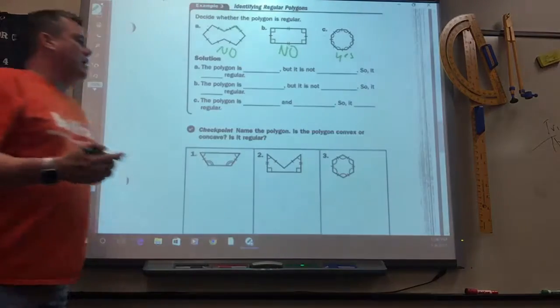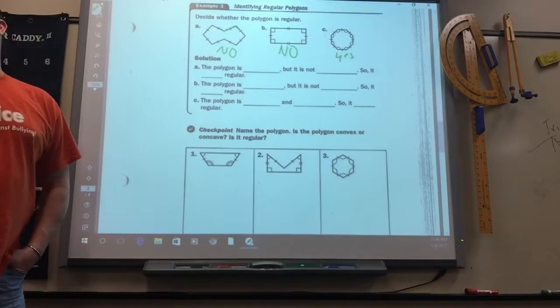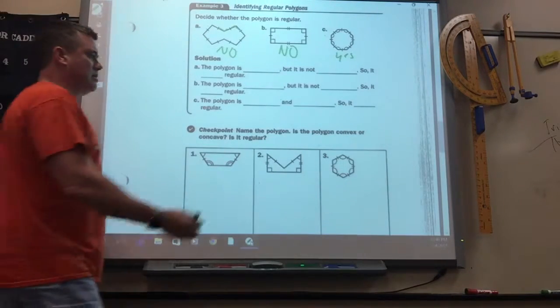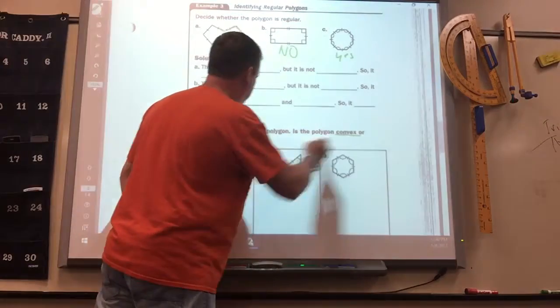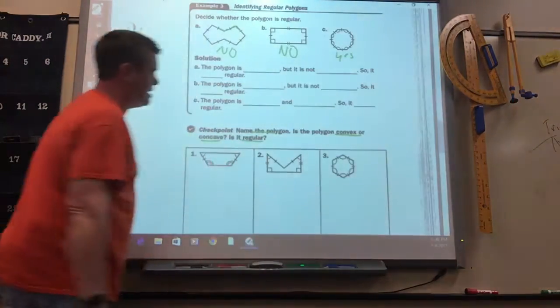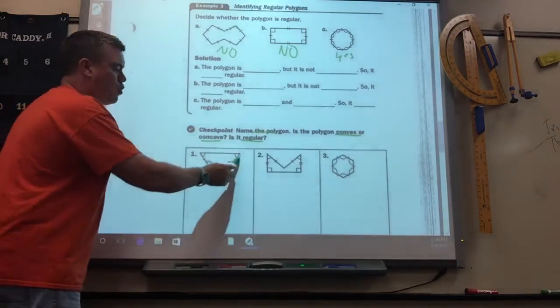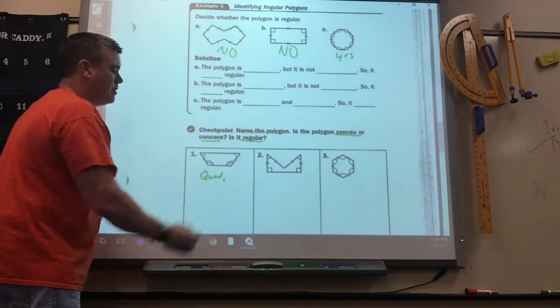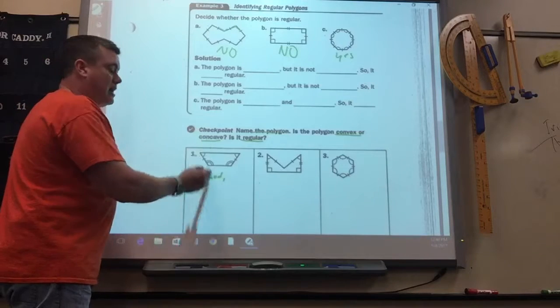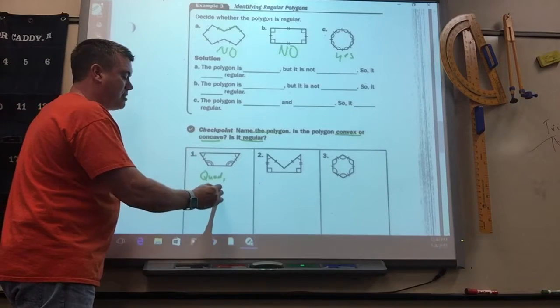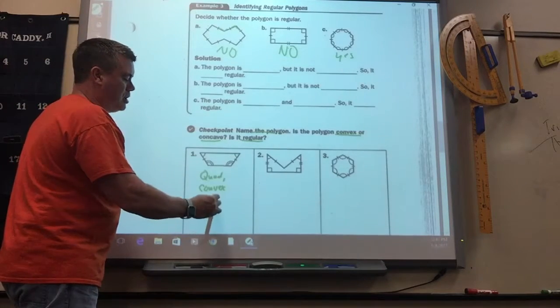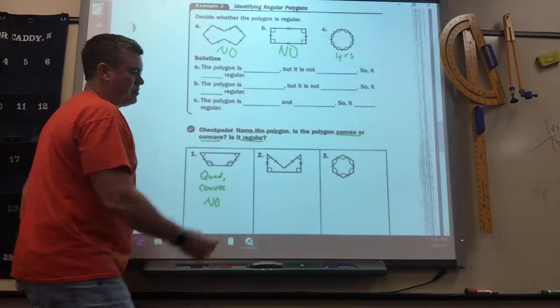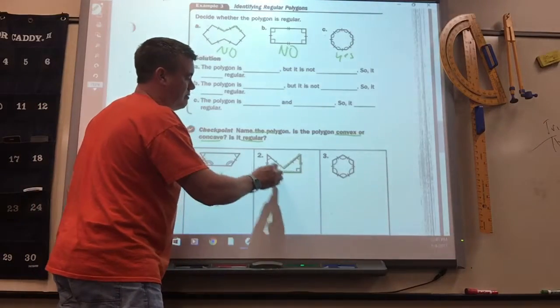So here we got 3 answers: name it, convex or concave, and regular or not. This has 4 sides, so it's a quad, you can just abbreviate. Convex, and you can just put no. 1, 2, 3, 4, 5.